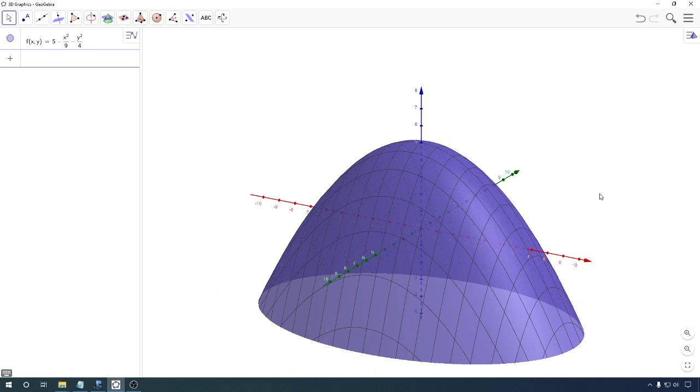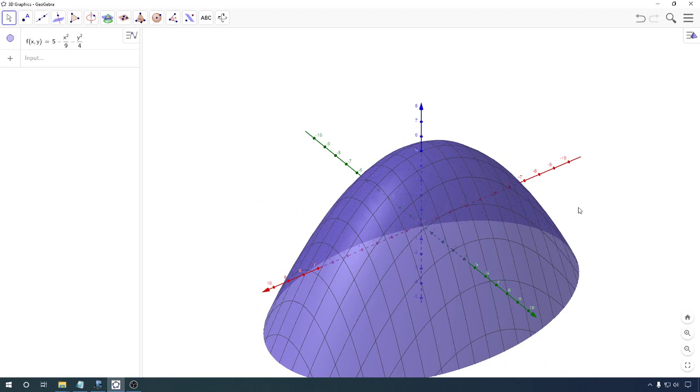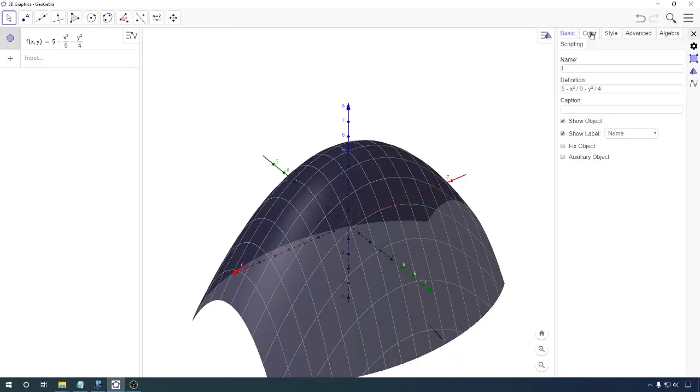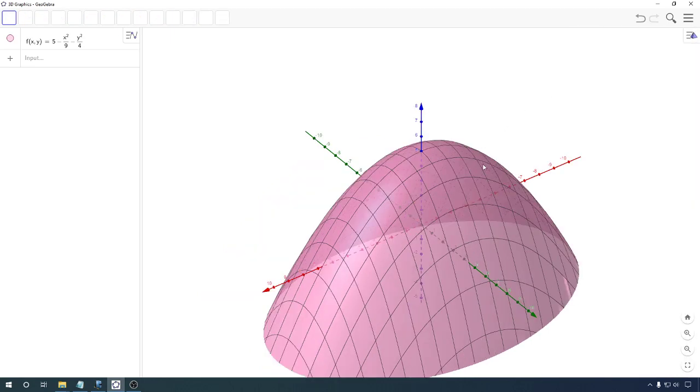And we get this thing. This is actually the top part of an elliptical paraboloid. And I'm actually going to change the colors of this. It'll be a little easier to see what we're doing later on. Let's just do that.